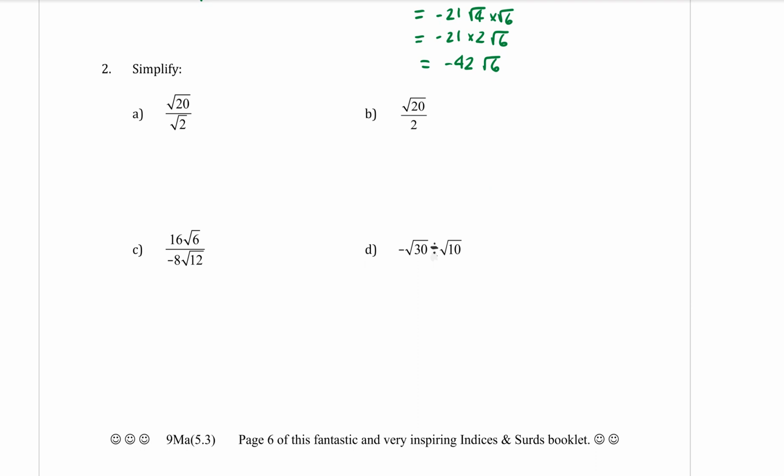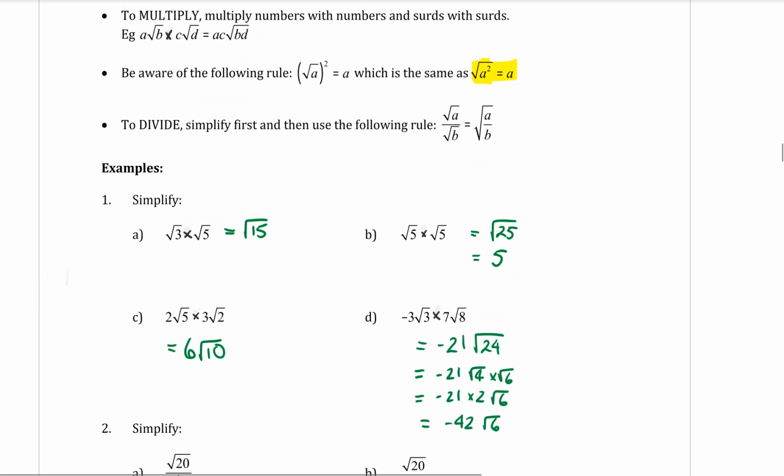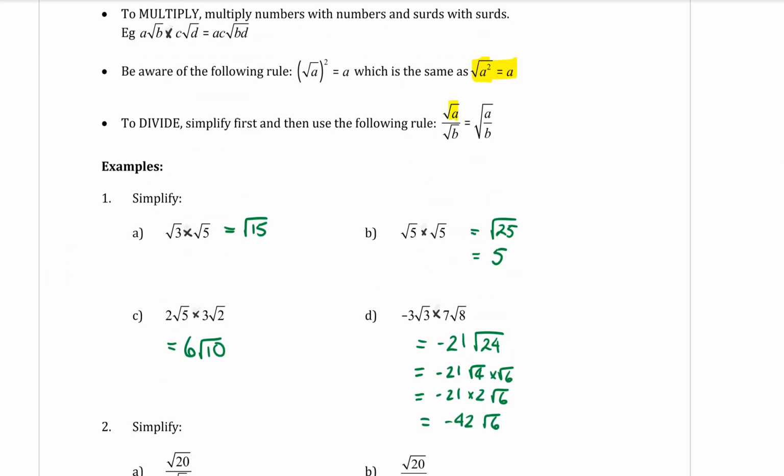Dividing, most of the time that you divide is going to look like fractions, one surd over the top of the other. Now, the rule that is up there at the top of your page is that you can turn a surd on the top over another surd into one big surd with the two numbers underneath.